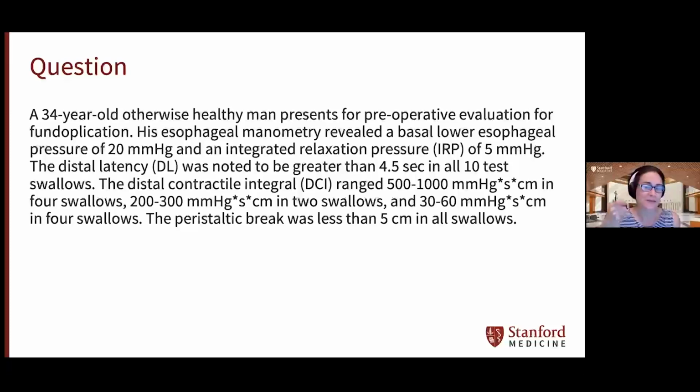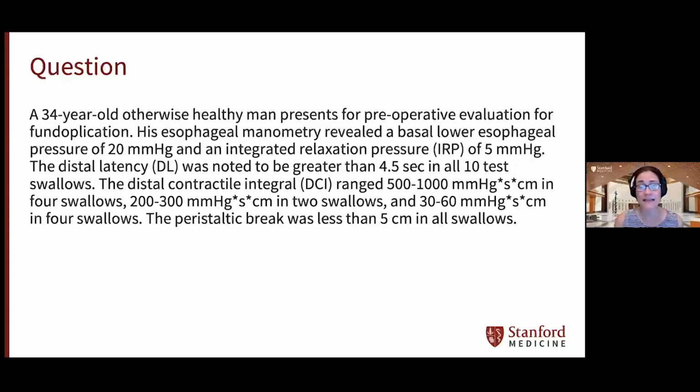And you might even be able to intuit that an IRP of 5 means that that lower pressure is pretty low, and that there's no evidence of outflow obstruction. So options B and C were tumor and opiates. So opiates, we now know, cause outflow obstruction. So you can sort of scratch tumor and opiates off because that lower sphincter looks like it's opening.